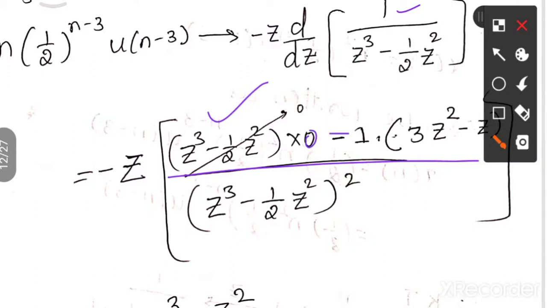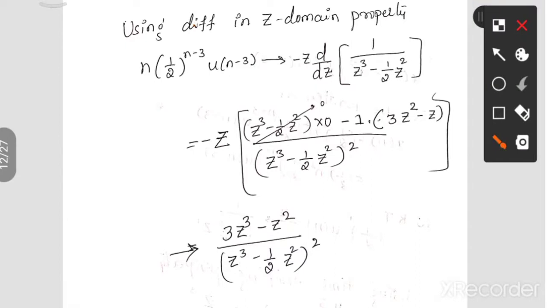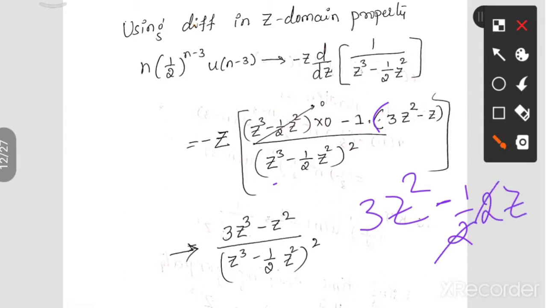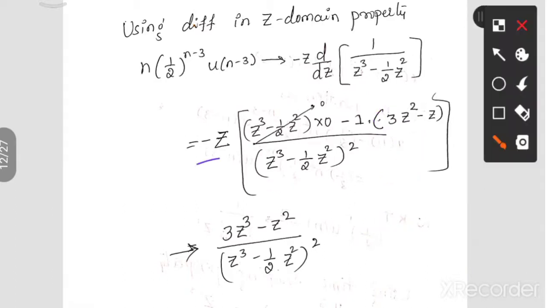So minus, keep the numerator as it is, that is 1, into the differentiation of the denominator, z cube minus 1 by 2 z square. Differentiating, z cube gives 3z square, minus 1 by 2 as it is, and z square differentiation is 2z. Simplify this, it will be 3z square minus z. Next, write systematically by taking this minus z inside. Observe that in the first factor it is multiplied with 0, so this entire term goes to 0.